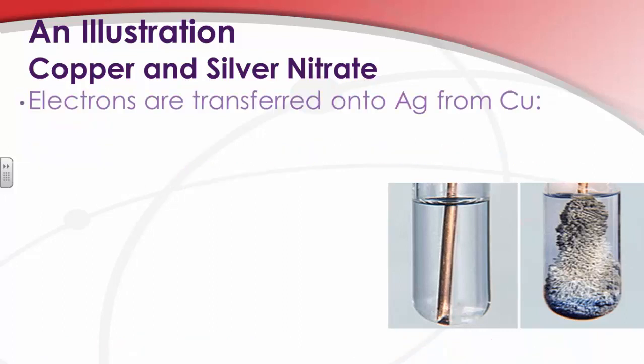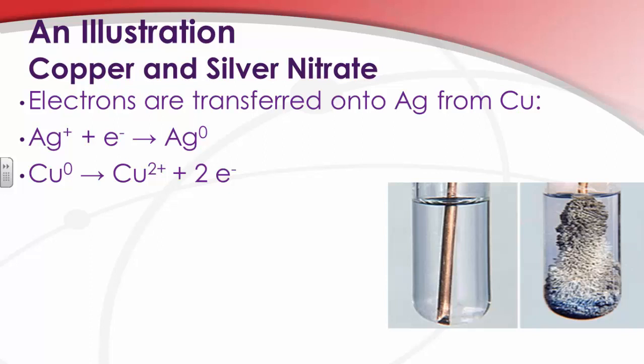And even knowing that, it isn't quite clear that this is an electron transfer reaction. But that's what's going on. If we dig a bit deeper, the positively charged silver ions are accepting an electron from the copper to turn into elemental silver.